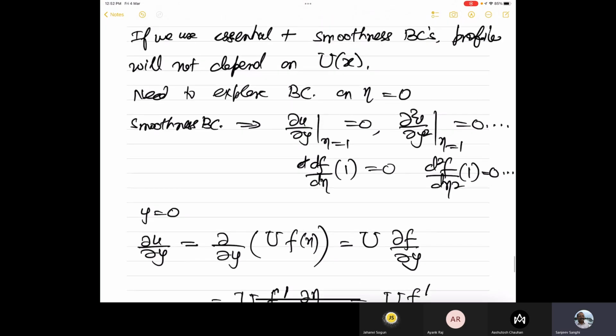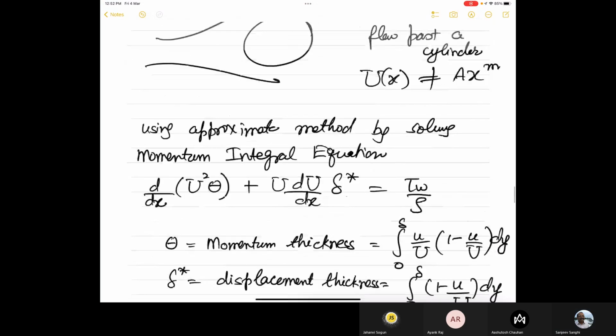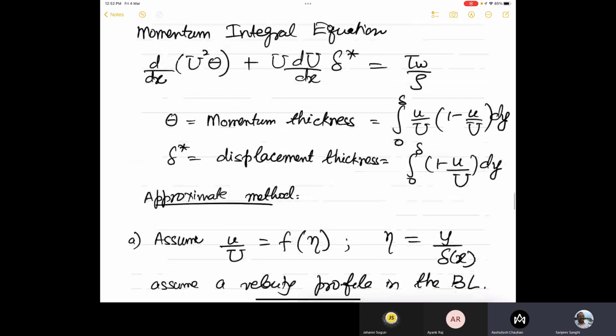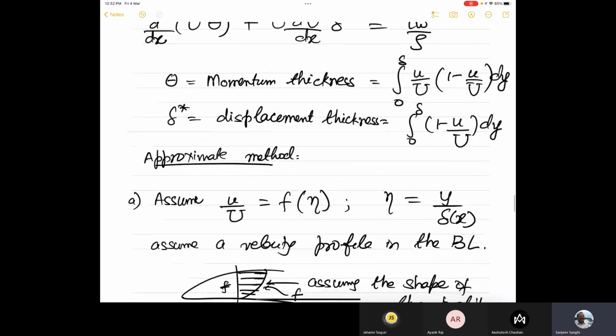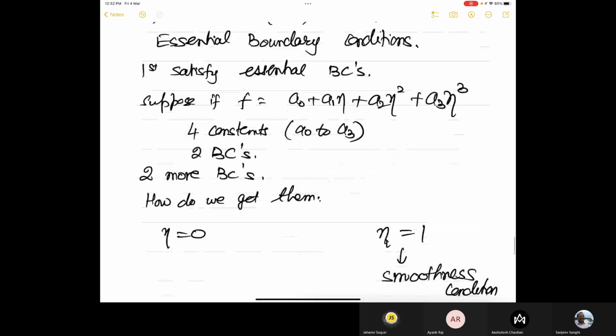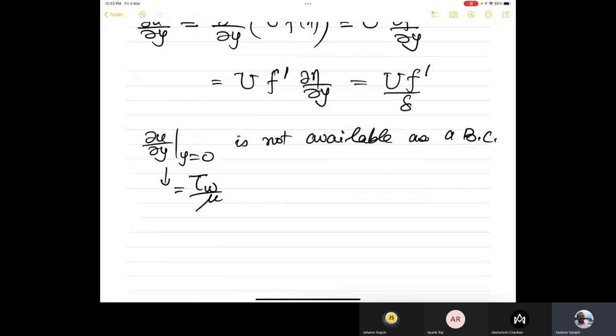In fact, the equation has a term containing tau wall. So the first derivative of u at y equal to 0 is not available.